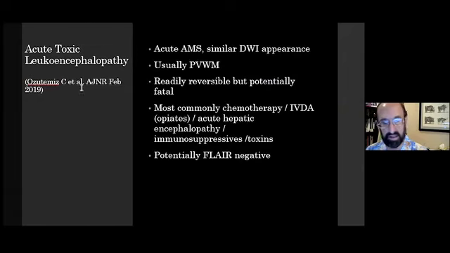And this is an entity called acute toxic leukoencephalopathy, which was reviewed in February 2019 AJNR. And you can see the change in mental status is typical. This is readily reversible like methotrexate leukoencephalopathy. And it may be diffusion positive, but FLAIR negative, like methotrexate.